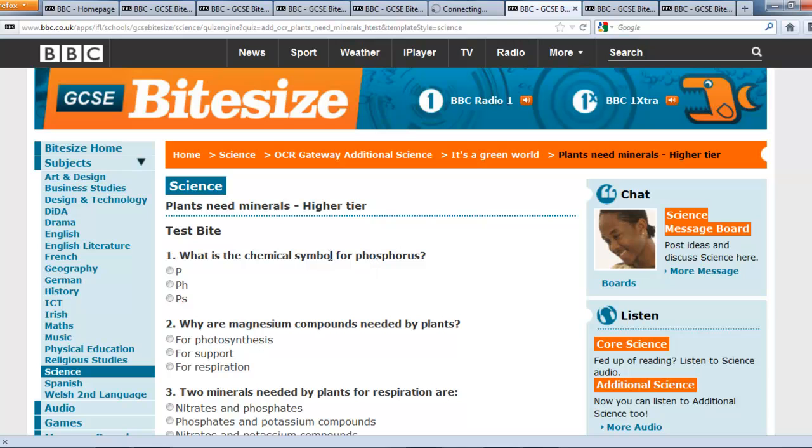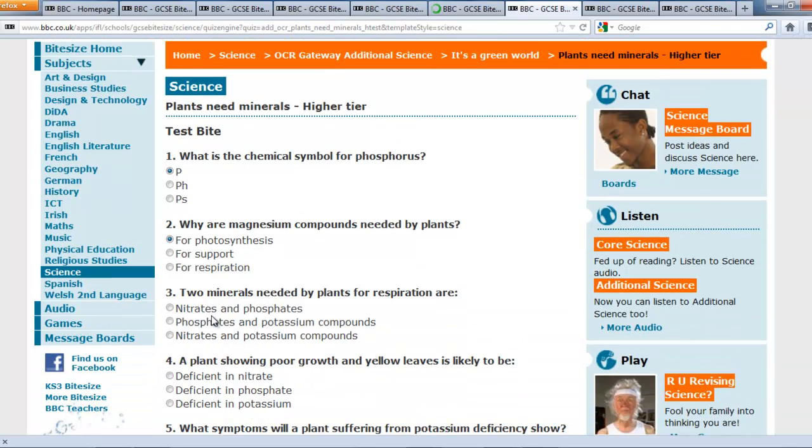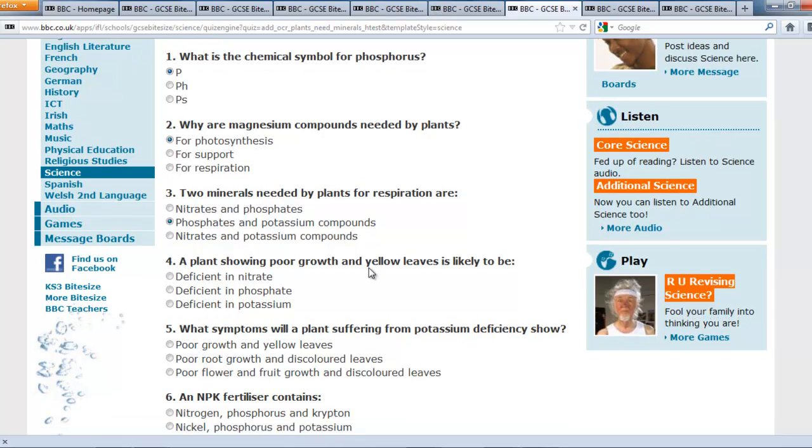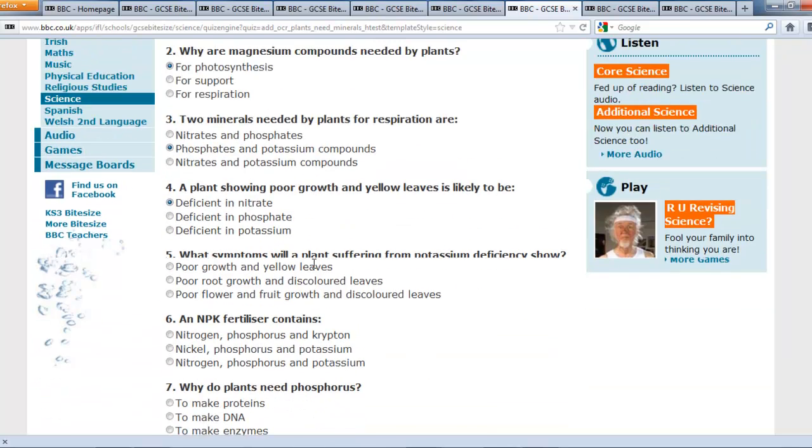What is the chemical symbol for phosphorus? P. Why are magnesium compounds needed by plants? For photosynthesis. Two minerals needed by plants for respiration are phosphates and potassium compounds. Plants showing poor growth and yellow leaves are likely to be deficient in nitrogen.